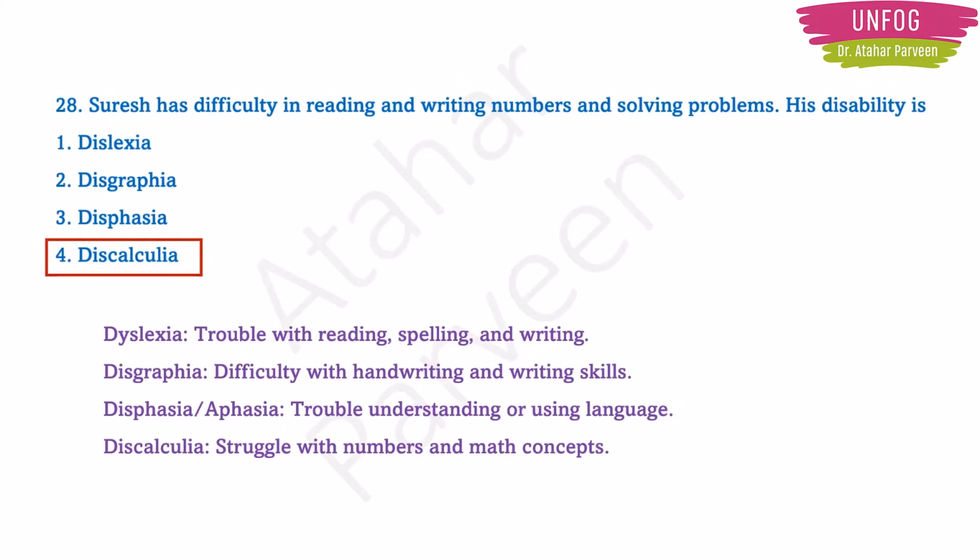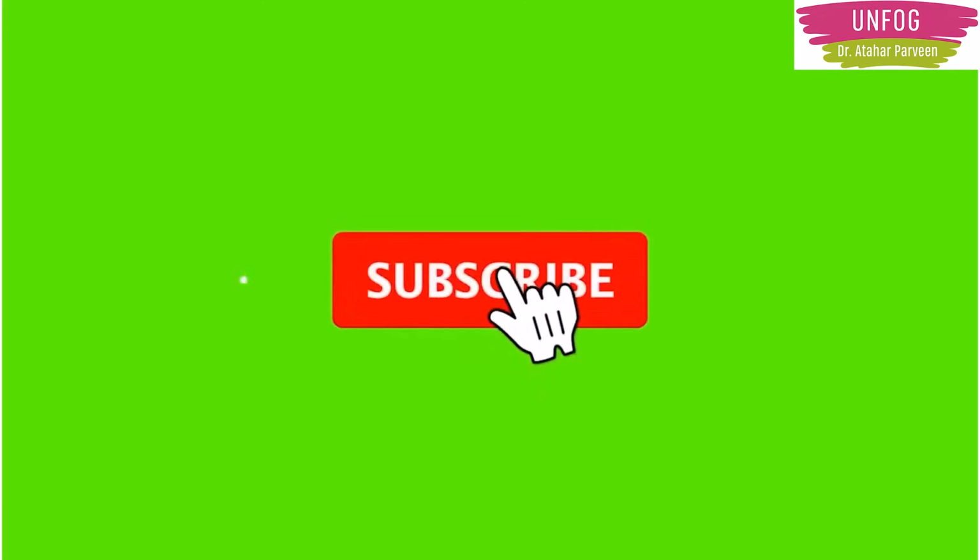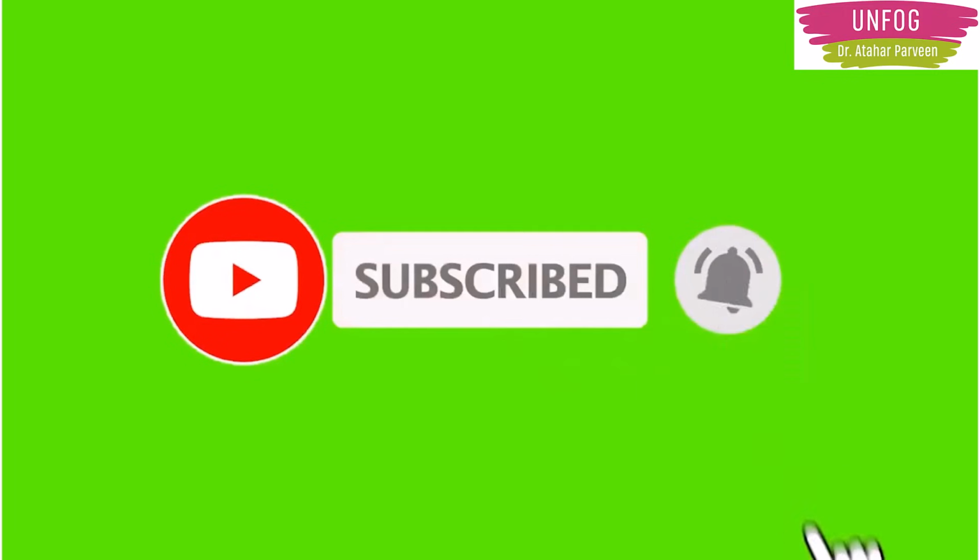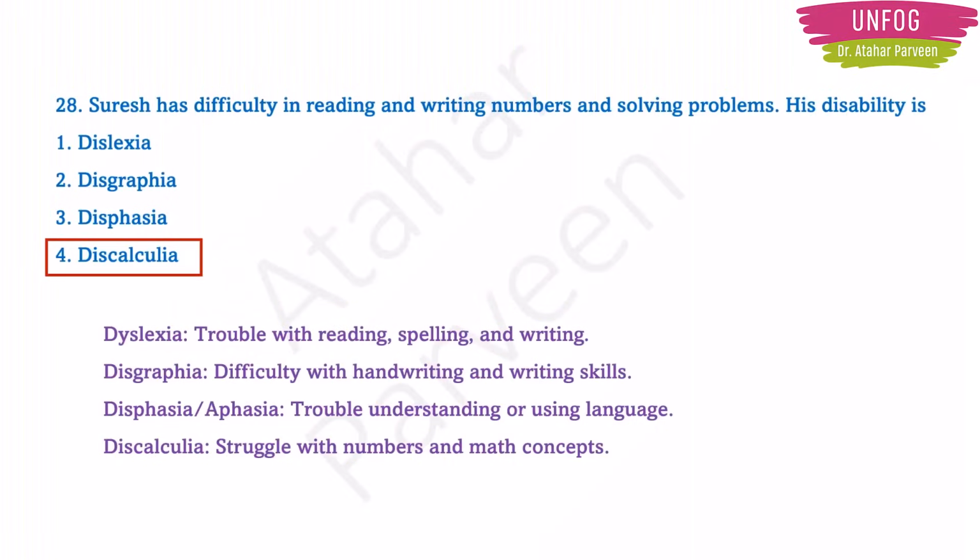Talking about all four options, dyslexia is a condition or a disability wherein the person has trouble with reading, spelling and writing. That is called dyslexia. Then dysgraphia, it is the difficulty a person will have with handwriting and writing skills. Then we have dysphasia or aphasia.